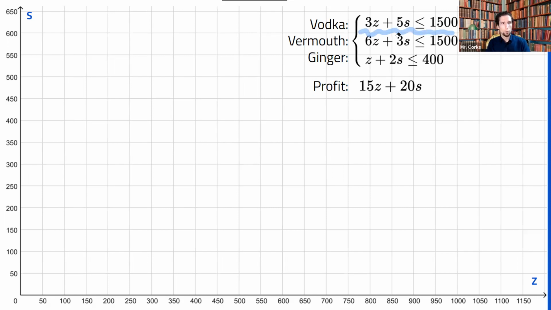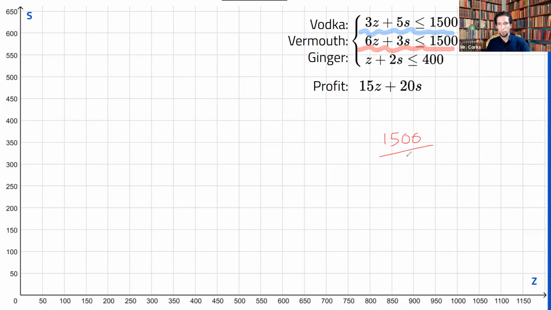And we'll do the next one, vermouth and red. What are the two intercepts there? 250 and 500. Okay. 250, easy way of seeing that.